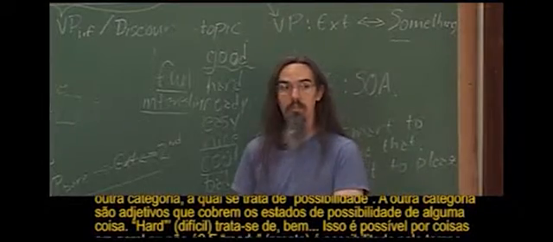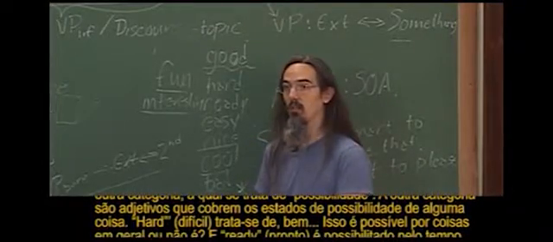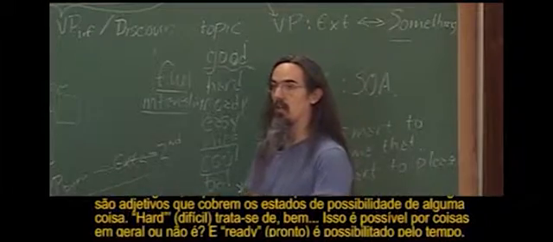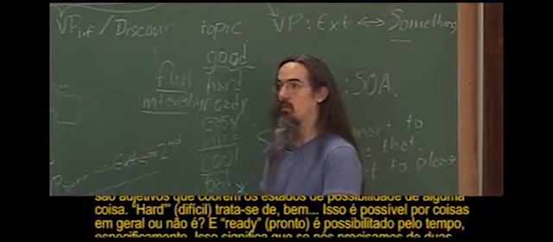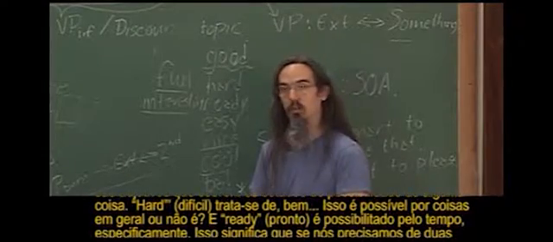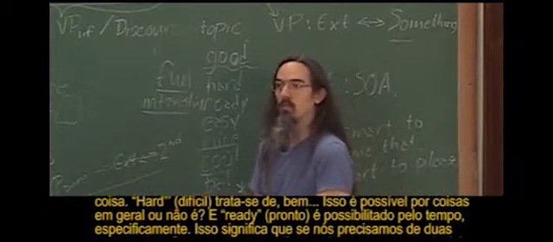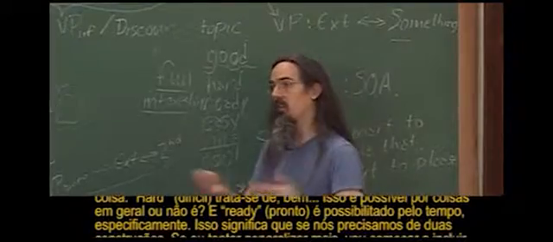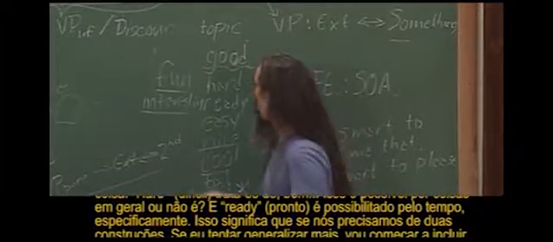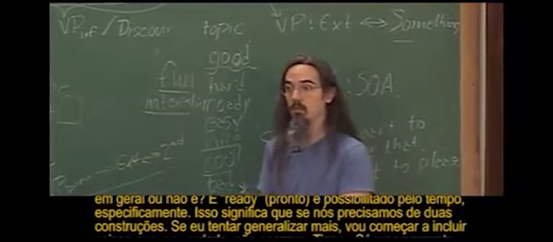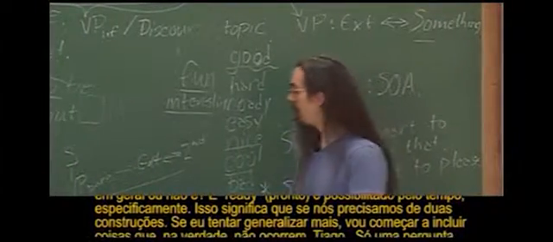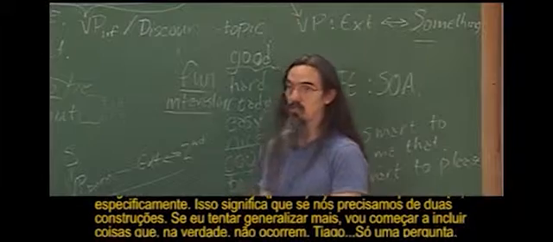So the other category is adjectives that cover the state of enablement of some thing. So hard is about, is it enabled by things in general, or is it not? And ready is about, is it enabled by time specifically? Okay?